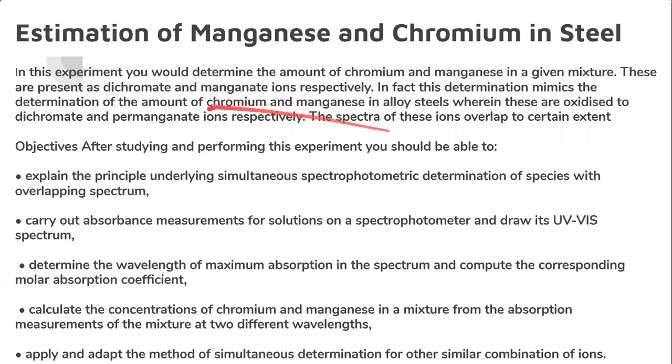So steel is nothing but an alloy of iron, carbon, chromium, and manganese. Sometimes it may also contain nickel. In that steel, we want to estimate the amount of manganese or chromium. So these elements cannot be directly estimated.